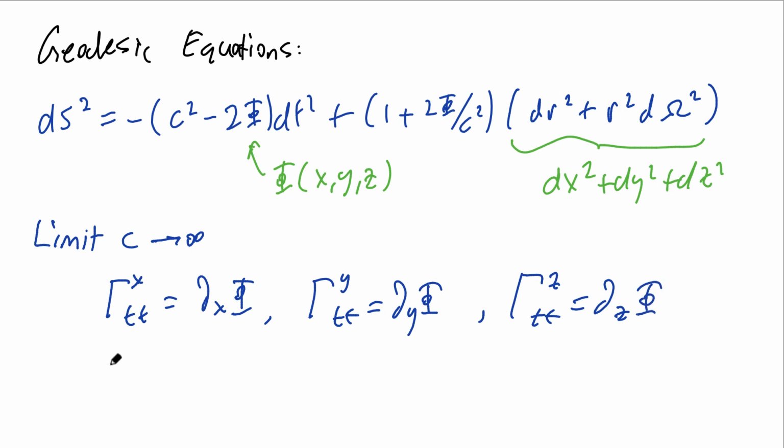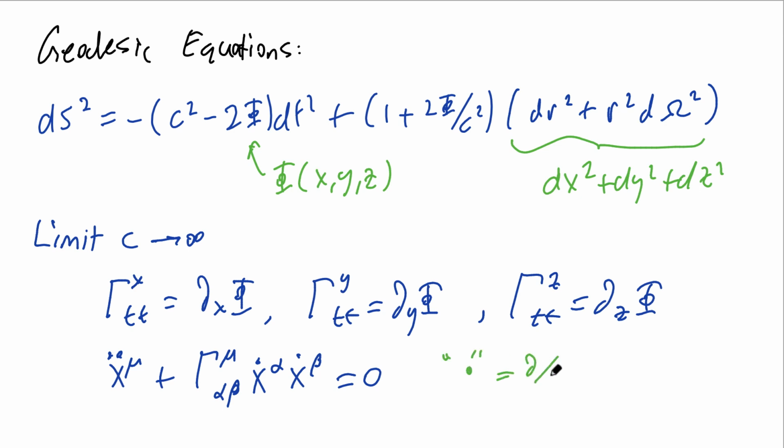Remember, the geodesic equations are x mu double dot plus gamma mu alpha beta x dot alpha x dot beta equals 0. And for a time-like geodesic, the dot denotes partial with respect to the proper time tau.